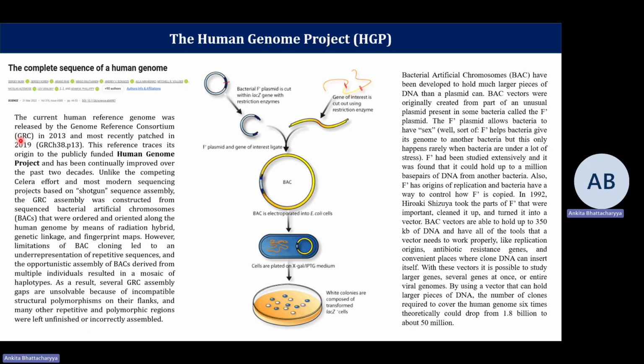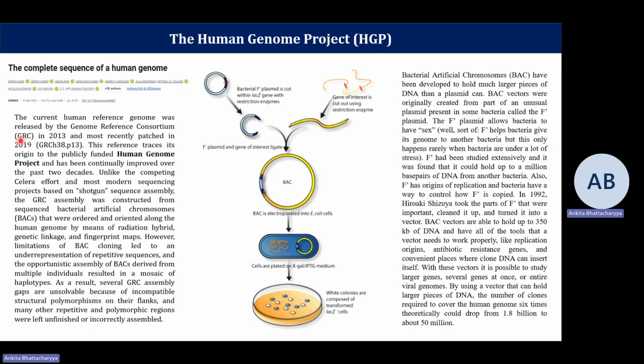The key advantage is that you can use these BAC vectors to clone up to 300, 400 kilobases of DNA, and it works like any other plasmid vector, with an independent origin of replication, resistance genes which allow drug-based selection, and something similar to a multiple cloning site. It is not as small or convenient as a regular plasmid, but certainly very useful.